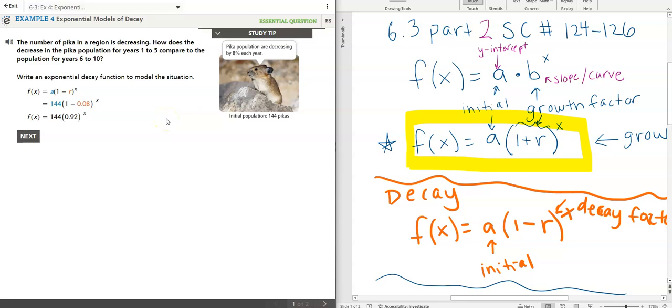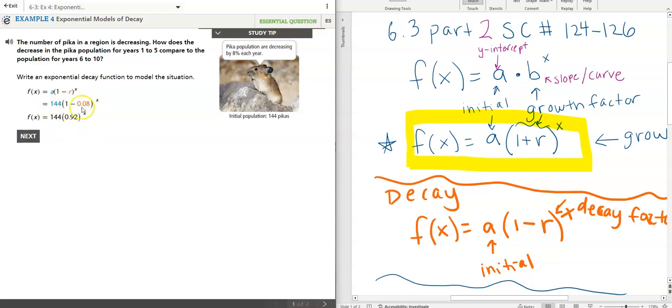To solve this problem, which would be a very common problem for a scientist, you might even have seen something similar in your science class, where we're looking at a population decreasing over time, or even increasing. We're basically going to take our exponential decay function. We know that our initial population is 144, so that's going to be A. We're decreasing by 8% each year, so we turn that into a decimal and subtract 0.08.